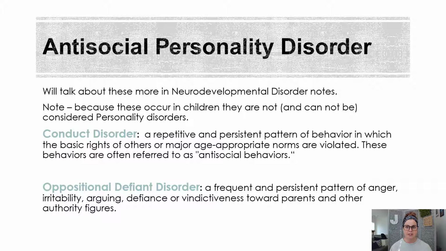However, I put them here because I don't want you to get confused and think that this is the category that they belong in. These are childhood disorders. However, you could say that these are childhood personality disorders, and you have conduct disorder and oppositional defiant disorder already in your notes.